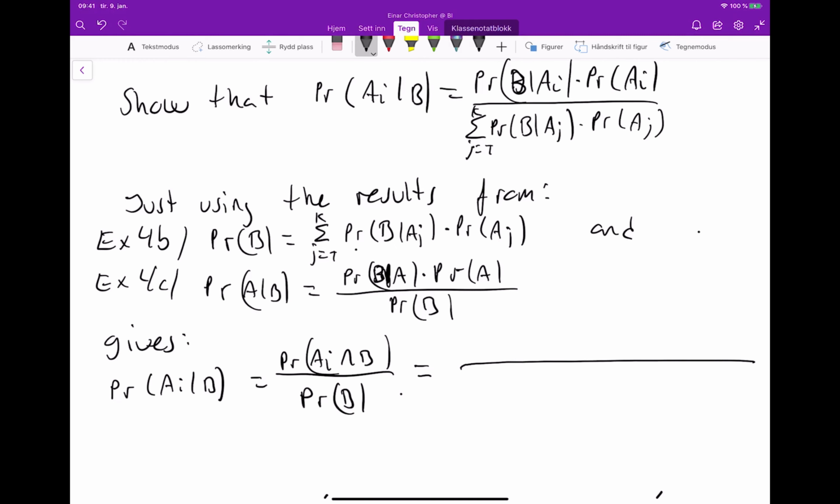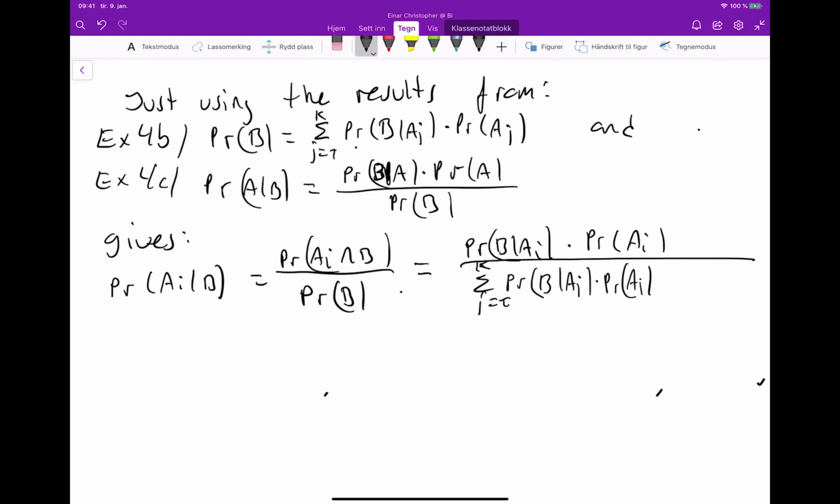So we can write this as the probability of B given Ai times the probability of Ai divided on the probability of B, but the probability of B, that's actually the sum j equal 1 to k, the probability of B given Aj times the probability of Aj. For any i.